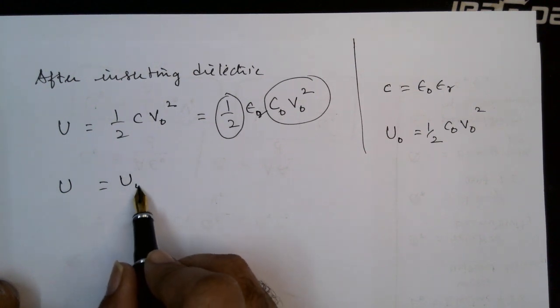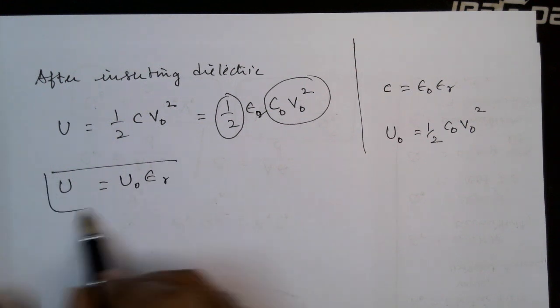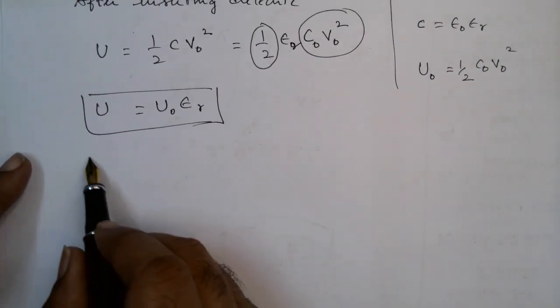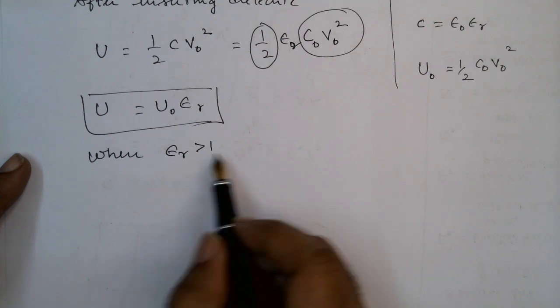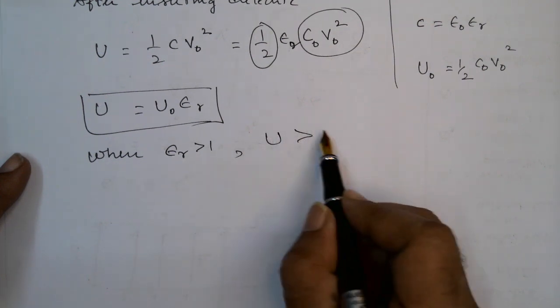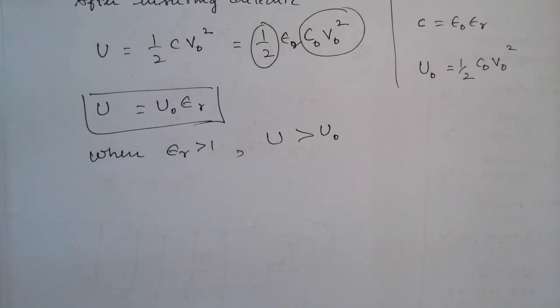U naught into epsilon r. So in that case, when epsilon r is greater than 1, U increases. So U is greater than U naught. Are you able to follow?